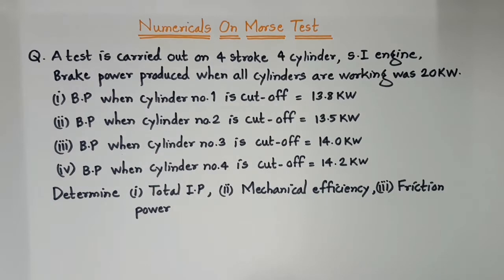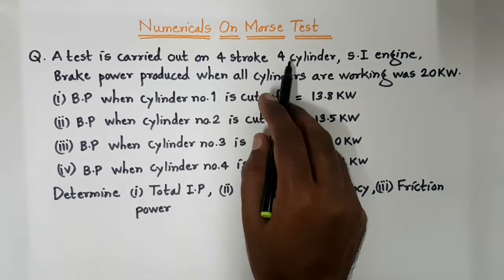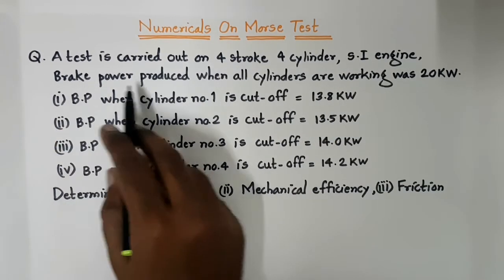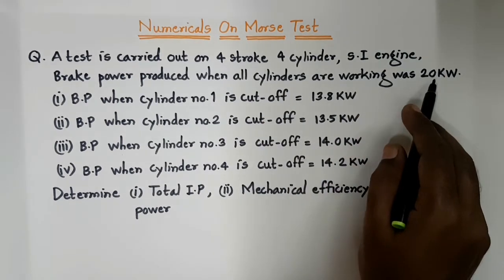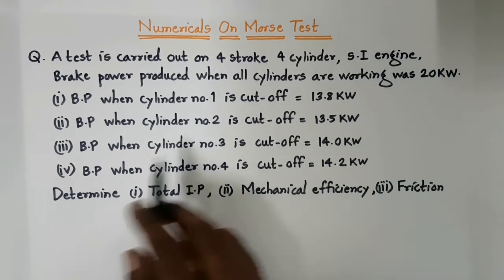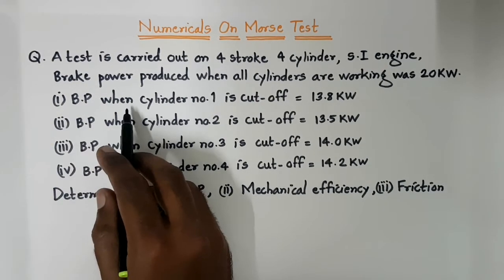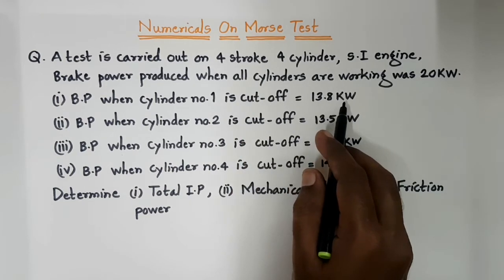For that question, we have a test carried out on a 4-stroke 4-cylinder SI engine. The brake power produced when all cylinders are working was 20 kilowatt. Brake power when cylinder number 1 is cut off is 13.8 kilowatt.